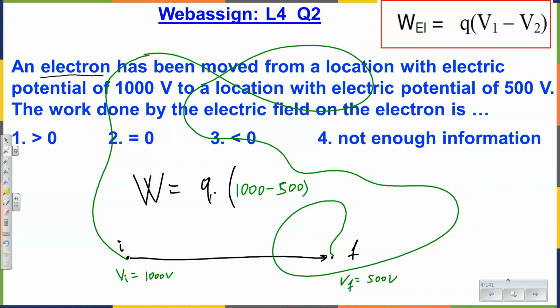And for the electron, the magnitude of this charge, this is what we call the elementary charge. The charge of a proton, actually. A charge of an electron is negative e. That's how people write it down. So we need to multiply two numbers, a negative and a positive. And that should give us a negative result.